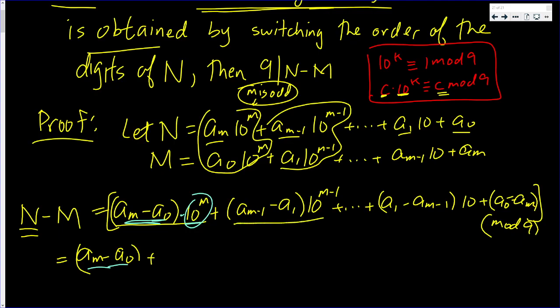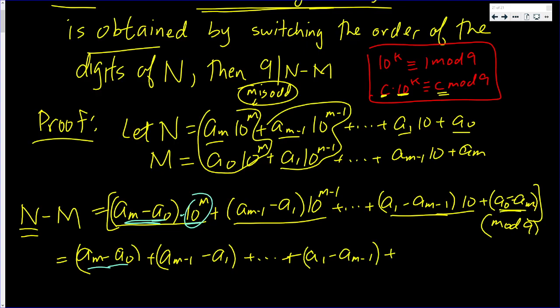Plus this mod 9, well, that's just the constant, all the way down to this mod 9, that's including the times 10. That's a_1 minus a_{m-1}. Plus this mod 9, which is a_0 minus a_m. And this whole thing mod 9.